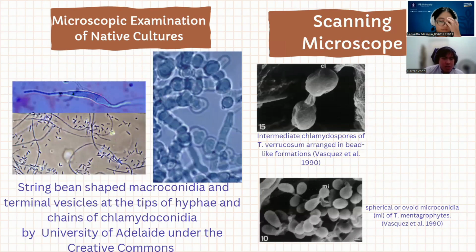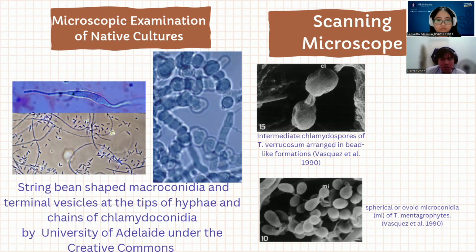Okay, so these are examples of microscopic examination taken from journals. As you can see on the left side, there are string bean shaped macroconidia and terminal vesicles at the tips of hyphae, and chains of chlamydoconidia on the right side. It looks like chains.